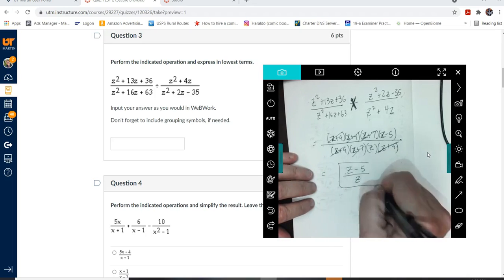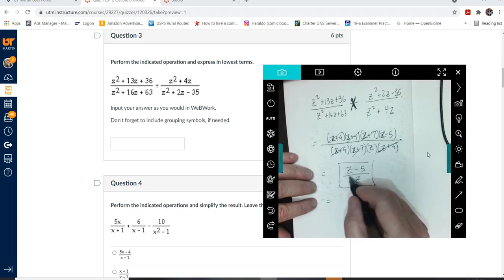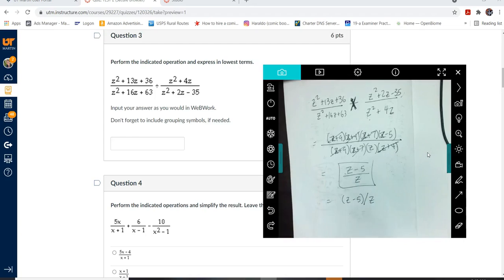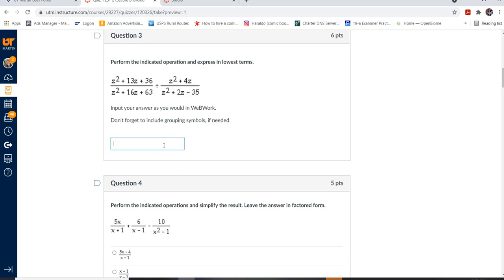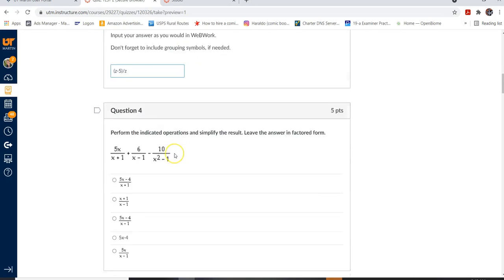Now, if I'm going to put that answer into WebWorK, I have more than one term in the numerator, so I have to put it inside parentheses. If you don't put it inside parentheses, it's not correct. Okay, so z minus 5 all over z. Okay, so let's continue.